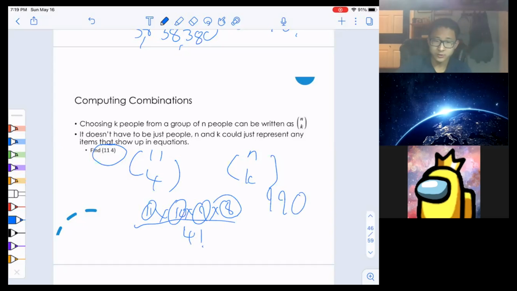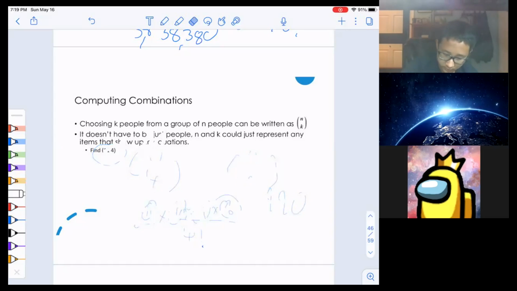So there are 990 ways to pick 4 of them from 11, but there's actually a formula to do this. So I'm going to write the formula.